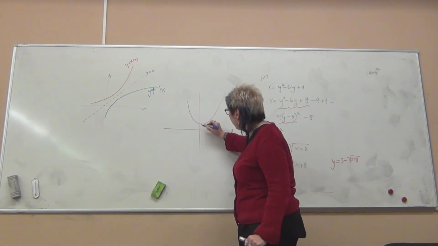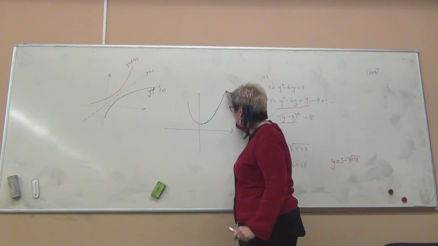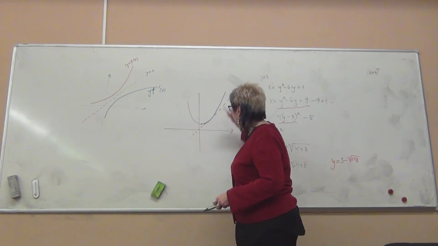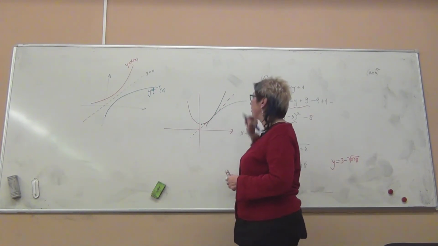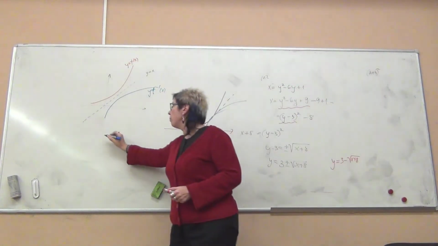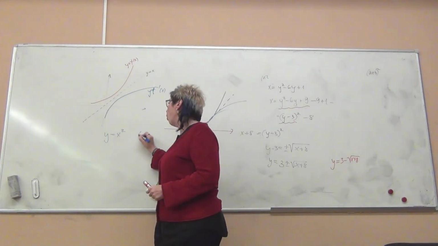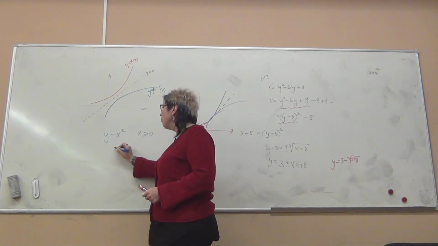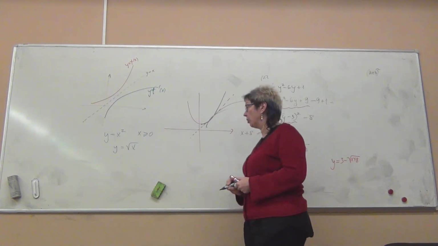So, let's suppose I choose only this part. That means that the inverse function will have a graph like this, half of a parabola. For example, if we take the function y equals x squared for x greater than or equal to 0, then the inverse function will be the square root function.